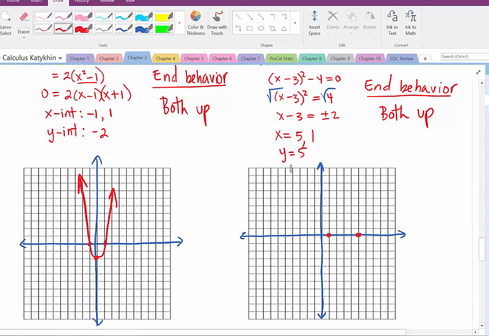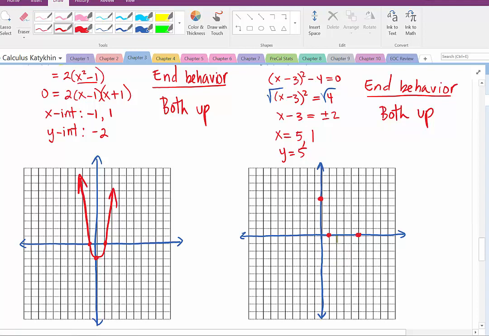My y-intercept is going to be at 5, 1, 2, 3, 4, 5. So now it's going to be a graph.